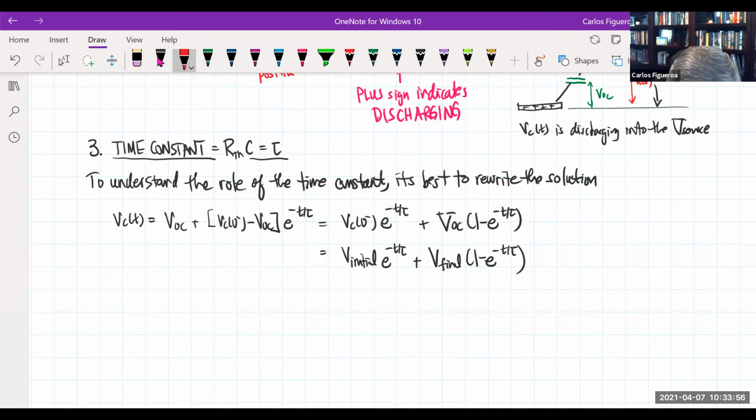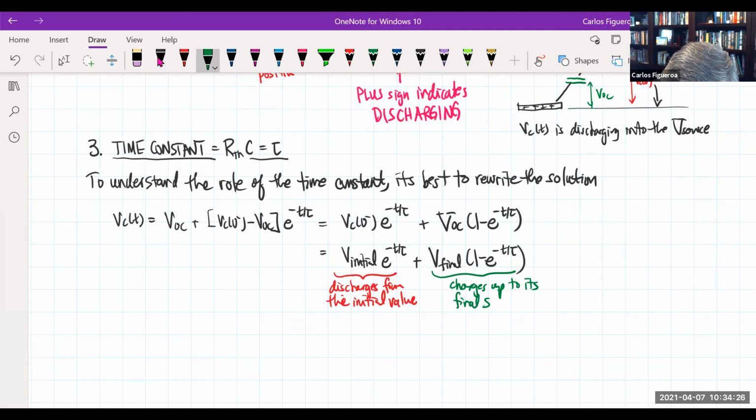This guy tells us how it discharges from the initial value. This guy tells us, if I'm talking about a charging capacitor, how it charges up to its final state.